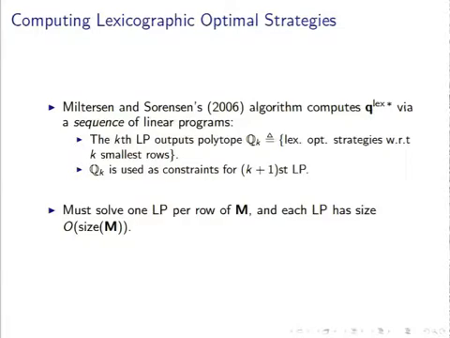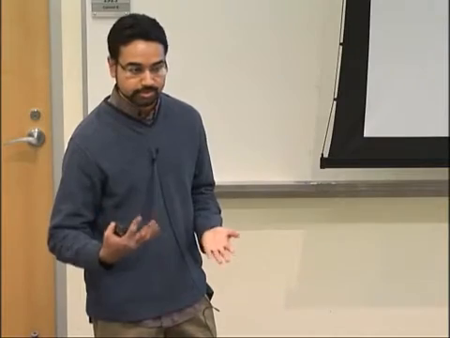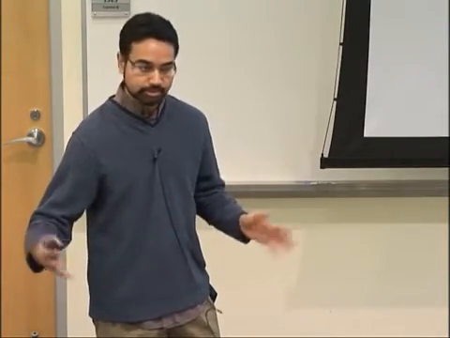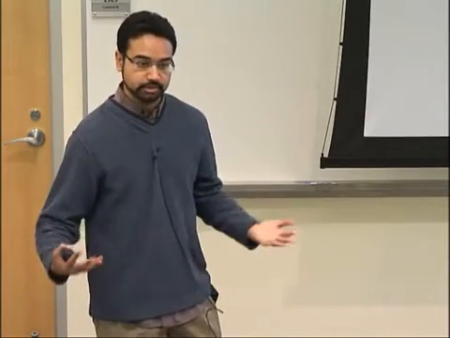And do we have a solution like that for the lexicographic optimal strategy? And indeed we do. Miltersen and Sørensen back in 2006 described a very similar approach to computing these lexicographic optimal strategies using a sequence of linear programs. The way that their algorithm works is as follows. The first linear program in the sequence outputs a set of linear constraints.